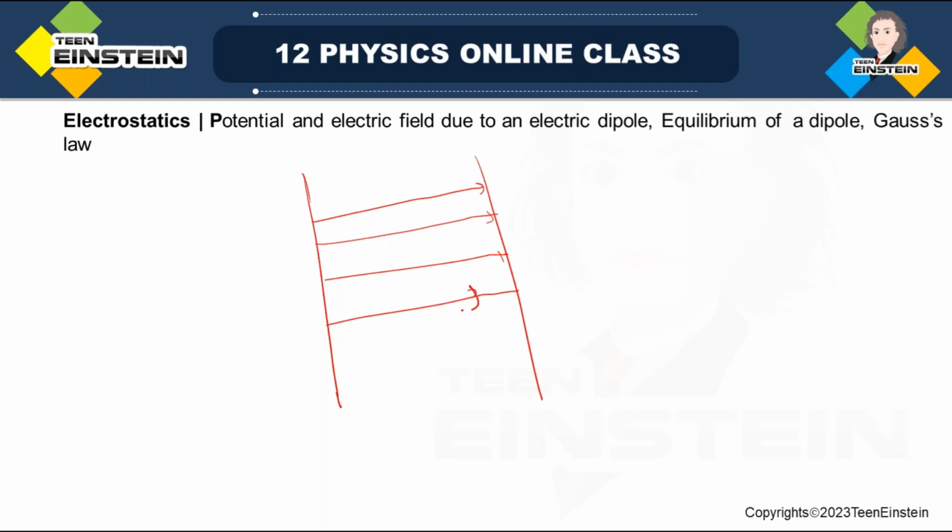If this is positive sigma and this is negative sigma, then the electric field will be 0 outside on both sides. But between the plates there will be a uniform electric field.